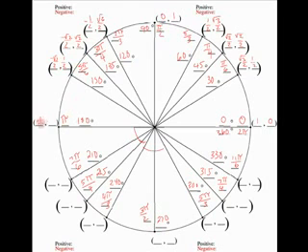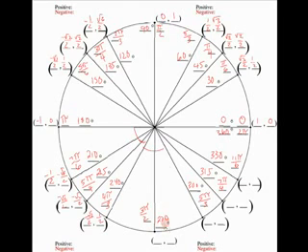X value, -1, y value, 0. Continue on. They're both negative. Minus 1/2, minus root 3 over 2. They're both negative. Minus root 2 over 2, minus root 2 over 2, minus root 3 over 2, minus 1/2.